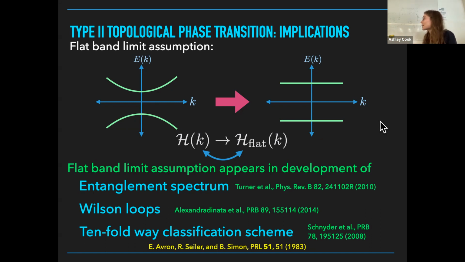It's used in computation of Wilson loops, basically to avoid gauge fixing problems. You express the Wilson loop as an integral over projectors. And it's also used in the construction of the tenfold way classification scheme.